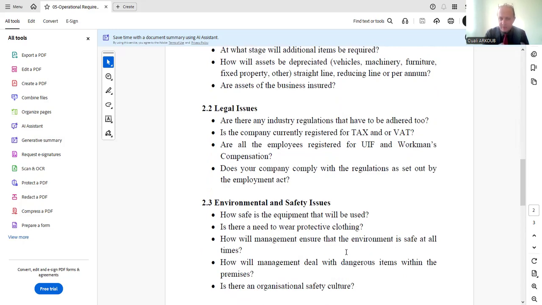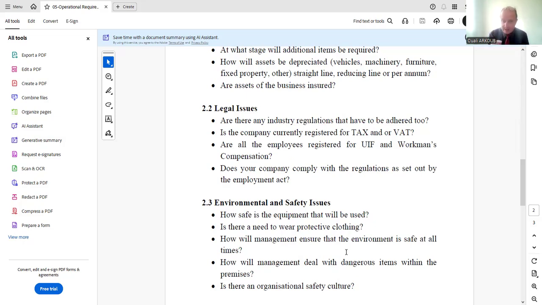The third element is environmental and safety issues, which is very important for employees and workers. How safe is the equipment that will be used? We have accidents at work, especially in manufacturers.